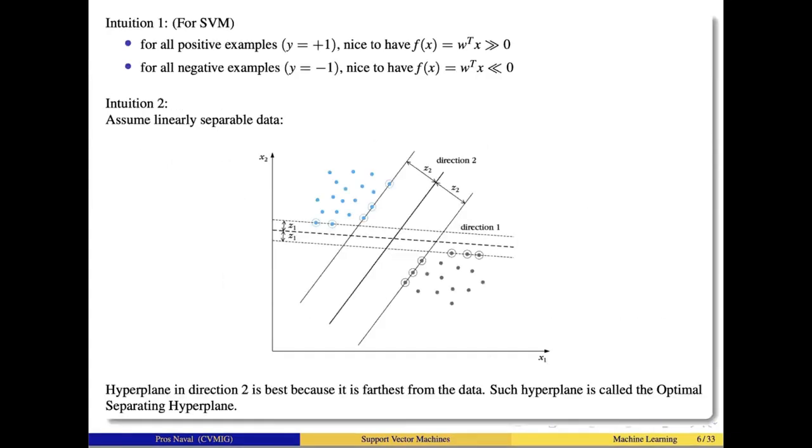We're basically maximizing this gamma here. So the one that maximizes it is this hyperplane here, and it's in this direction. So this one does not have a good value for gamma, while this one has the maximum value for gamma.